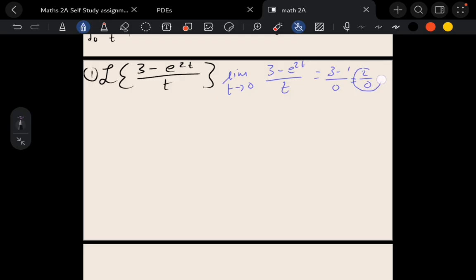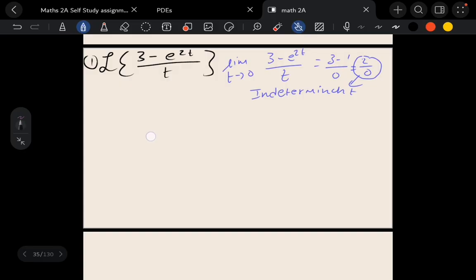Because you have this form, which is called the indeterminate form, you cannot say the limit is undefined. But what you can actually do is use L'Hopital's rule. We need to use L'Hopital's rule.